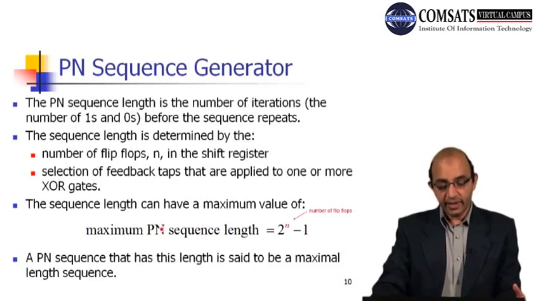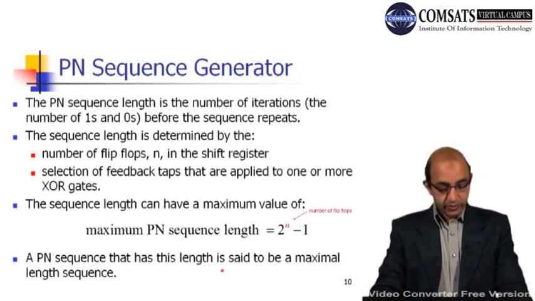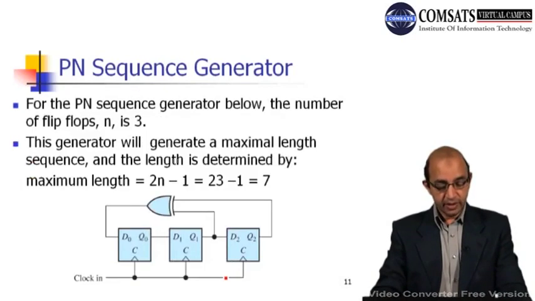Here we are going to calculate the length of the sequence. The maximum PN sequence length is 2 raised to power n minus 1, where n is the number of flip-flops. A sequence that has this length is said to be a maximal length sequence.